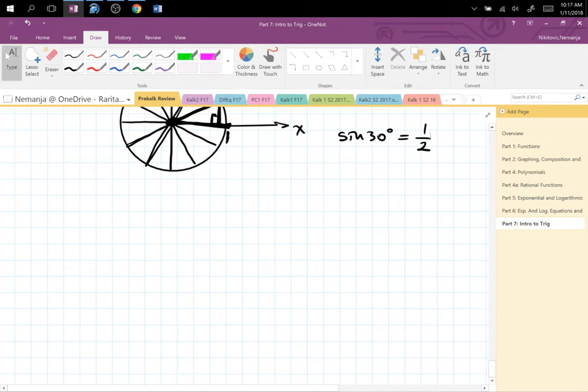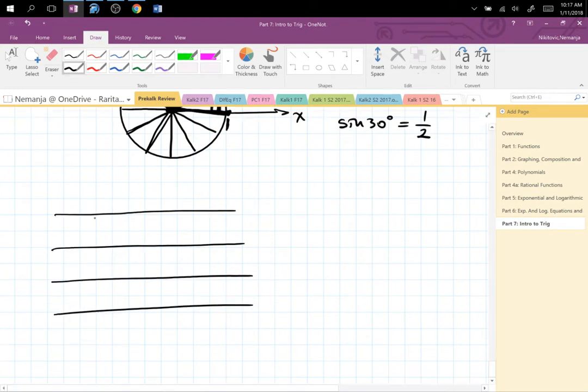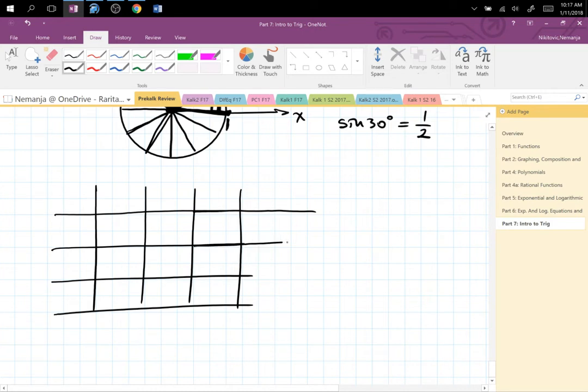So here is the way to know values of trig functions quickly. Guys, if you don't have a calculator, you can just cry, right? So pay attention. I'm going to put just the important stuff, and then we'll talk about reference angles and all other things, and it will be easier for you to come up with these values.